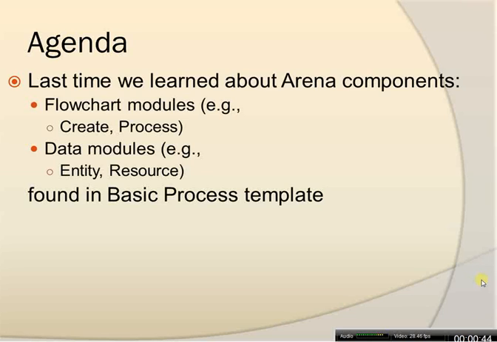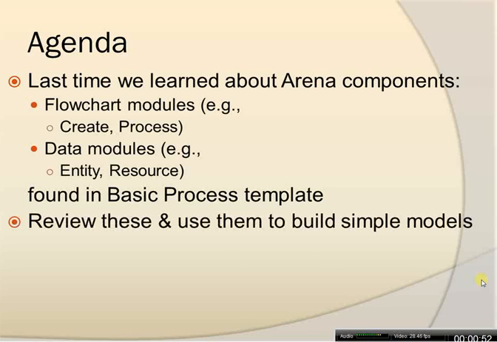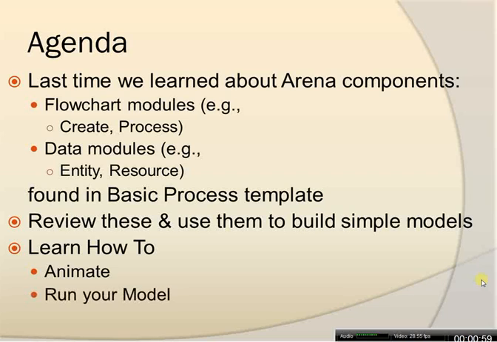There are other templates such as the Advanced Process and Advanced Transfer templates, and we can attach and use them. So today we will review these and use them to build simple models, and we'll learn how to animate, run your model, and use help and other things.